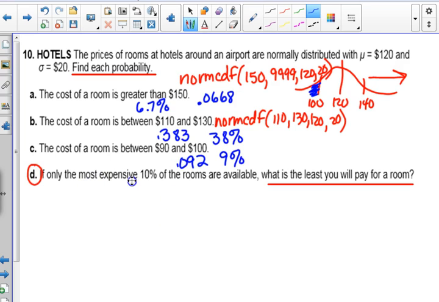All right, if only the most expensive 10% of the rooms are available, what is the least you would pay for a room? Okay, so we want to know this 10% that's out here. We need to know the z-score for that. Okay, so we're going to do inverse norm.